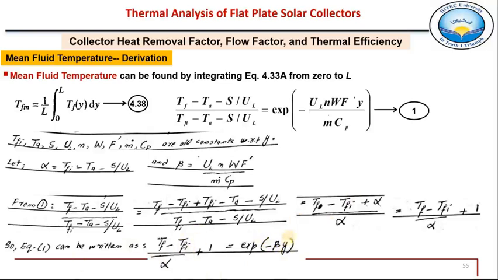So now further we can write this equation in terms of TF, right? So TF is equal to TFI minus alpha plus alpha. So this is a simple mathematical step which you can understand. So here we have the equation of TF. In this, equation 1 is written now in this form, which is equation 2.